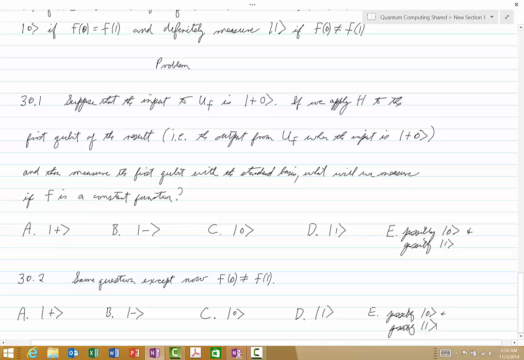And then 30.2 is exactly the same question, except in this case, we're considering what would happen if f of 0 is not equal to f of 1. And so now f is not a constant function. Again, if that were the case, and we did all of this, then what would we measure? Would we definitely measure plus, definitely measure minus, definitely measure 0, definitely measure 1, or might we be in a situation where we could possibly measure 0 and also possibly measure 1?